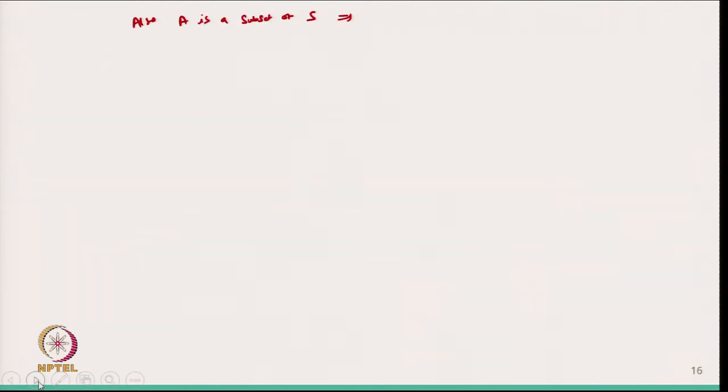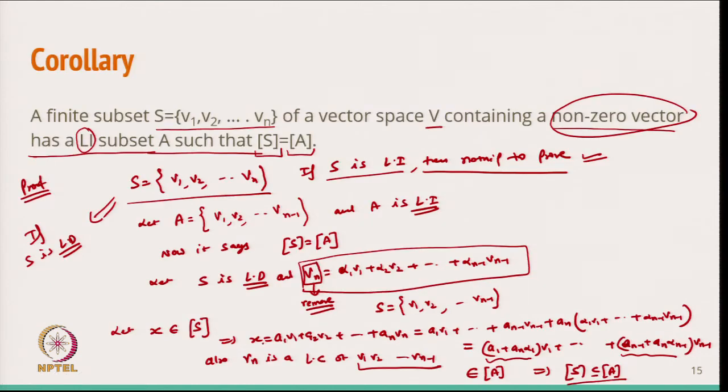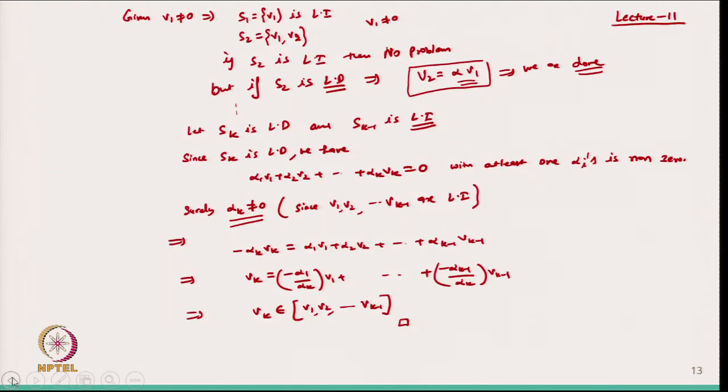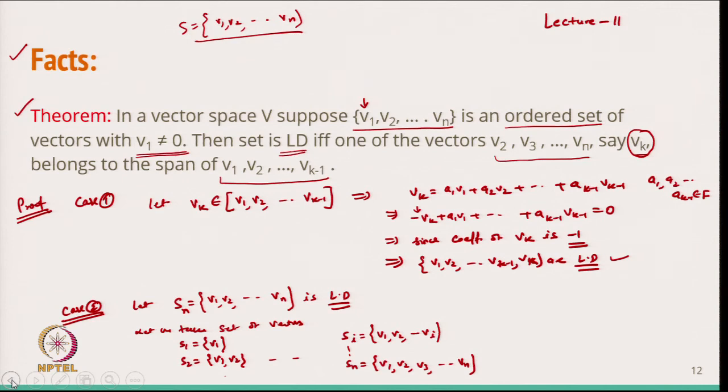Now, I just take the converse of that one. This can be proved with the previous theorem also, in which we have taken this way. So, we can even use this theorem in proving that one.